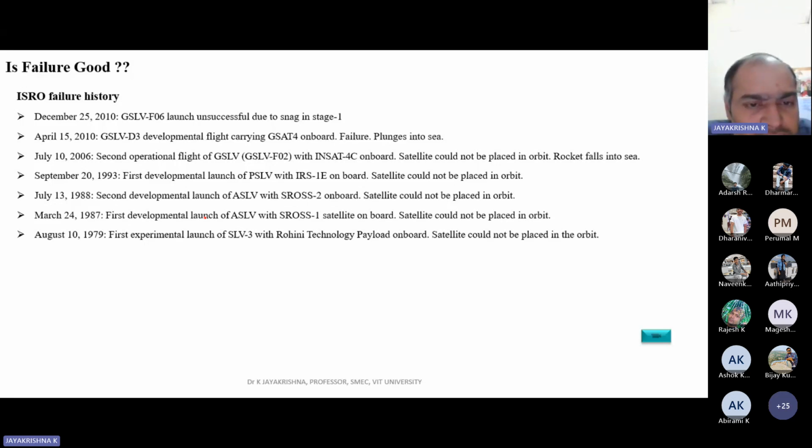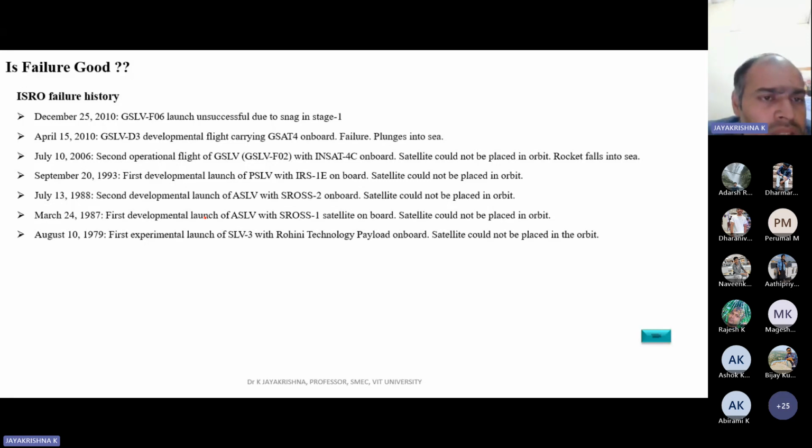Similarly, in 1987, we launched ASLV SROSS-1. We failed. On July 13, 1988, we launched ASLV SROSS-2, but we were not able to place it in orbit. Again, in 1993, we developed a PSLV. Again, we failed. In 2006, we launched GSLV. We were not able to place it in the orbit, and the rocket also fell in the sea.